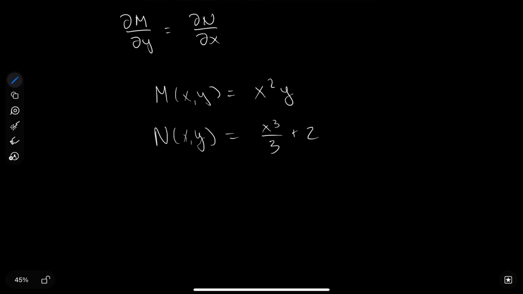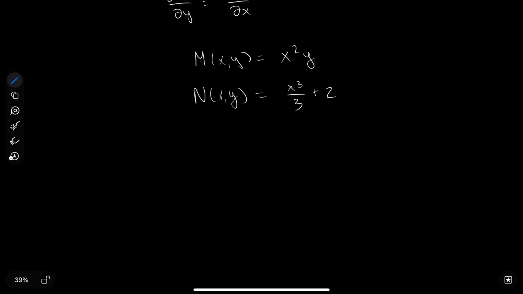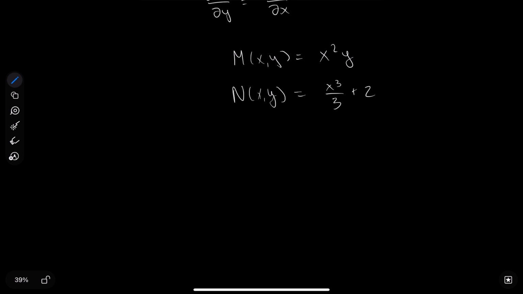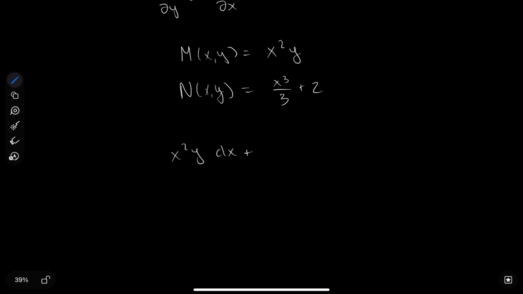Doesn't really matter about the constant part, but you get the point. So for this to be exact, I'll write out the differential equation. We'd have x squared y, that's our M(x,y), dx plus the N(x,y) term, which was x cubed over 3 plus 2, dy equals 0.